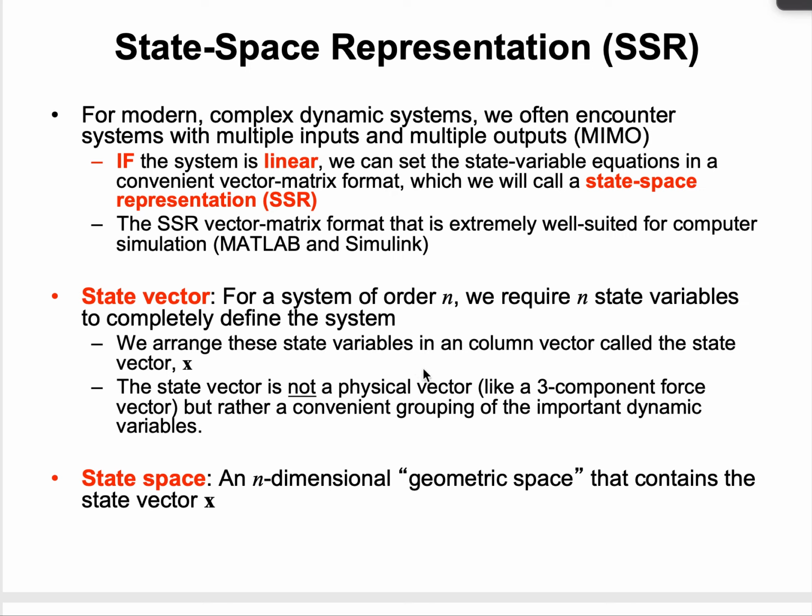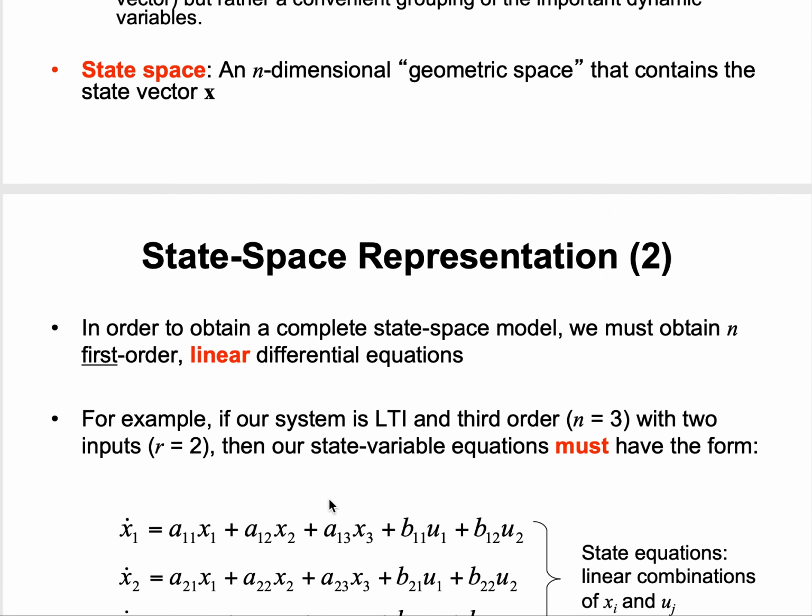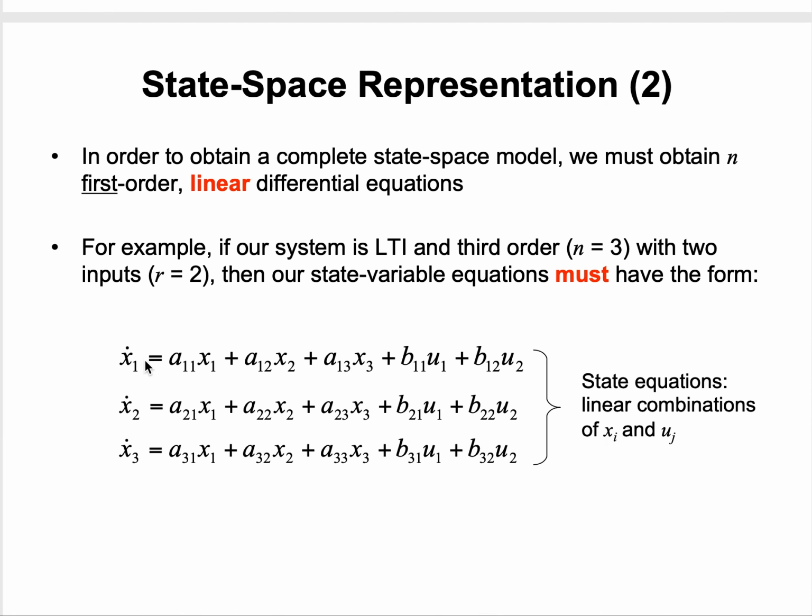And then we define our state space. It's an n-dimensional geometric space that contains the state vector. So you see now the state change is a linear combination of states and the inputs. It's not f of x, the function now is a linear function.